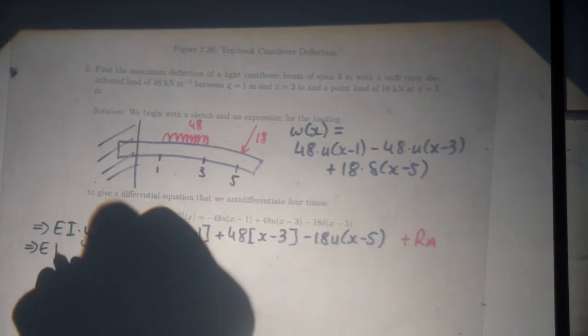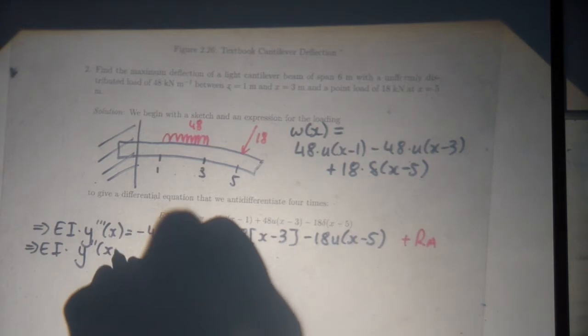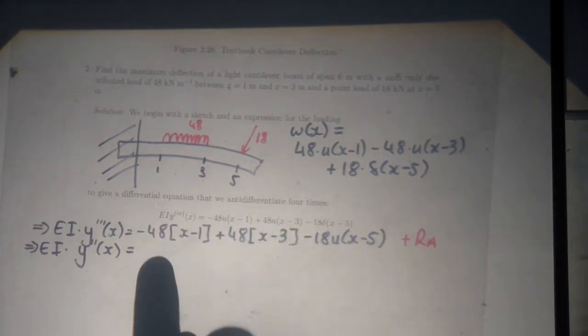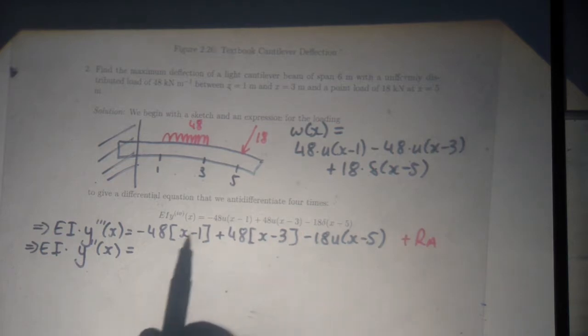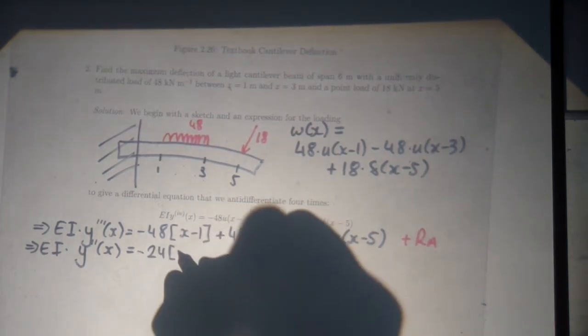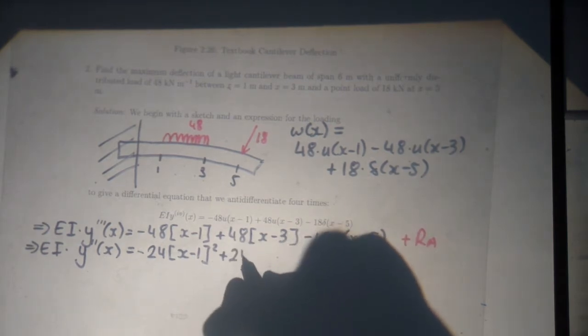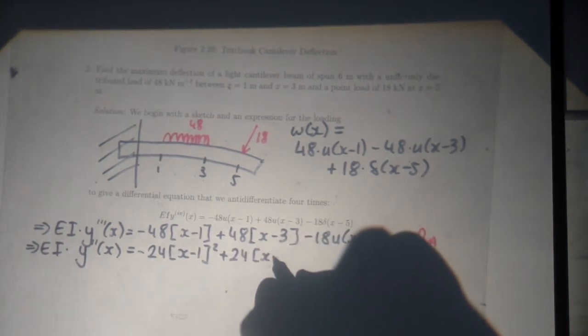So I have EI times the 2nd derivative, so fix the constant and anti-differentiate. I'm going to go slightly faster than I might in class. So if I fix the minus 48, the antiderivative of square bracket is square bracket squared over 2. I'll have minus 48 over 2, which is minus 24, square bracket squared. Similarly here, that 24, square bracket squared.